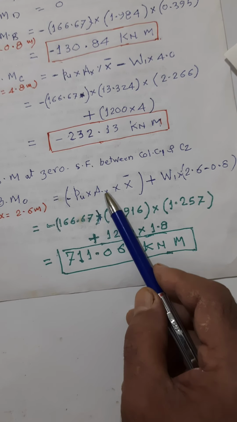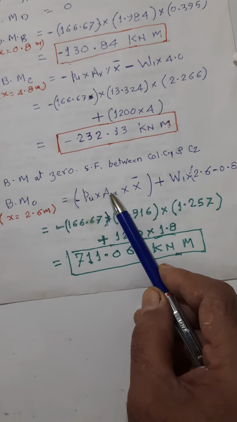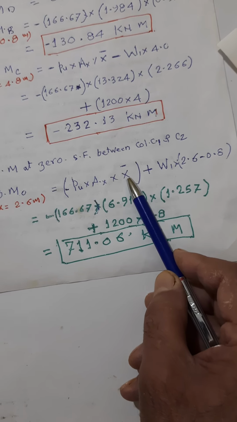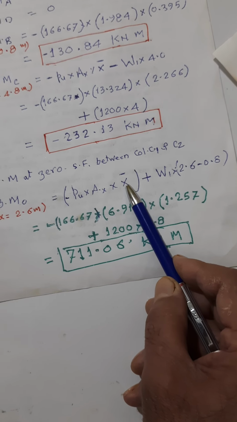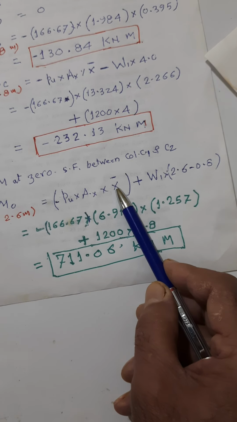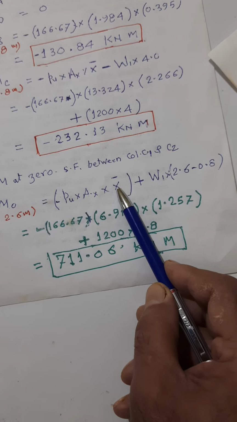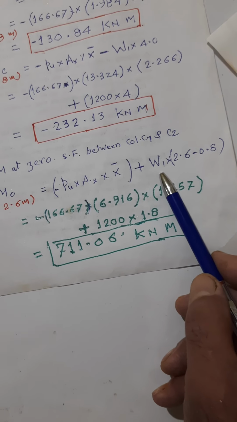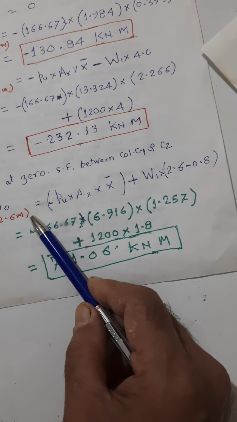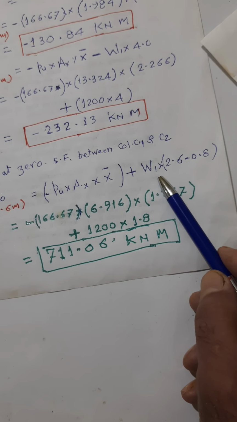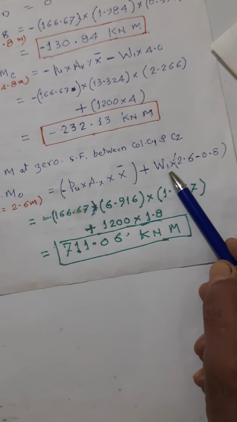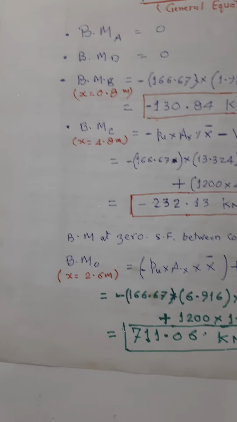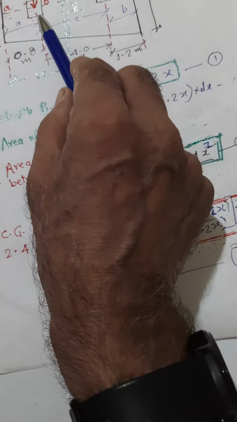Calculate the value of x bar by using the formula Ax plus 0.1 x square. Using this formula of x bar, that is 3a plus 0.2 x upon 2a plus 0.2 x into x by 3, and you will find minus, then plus W1 into x minus a. That is, I am talking about this distance.